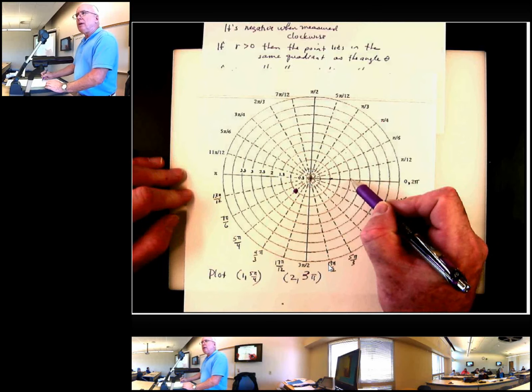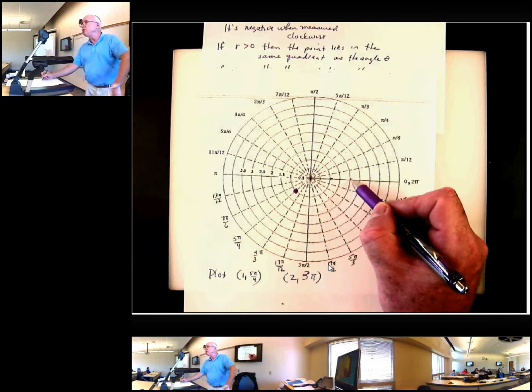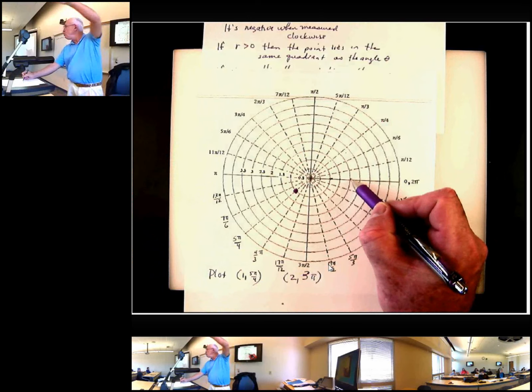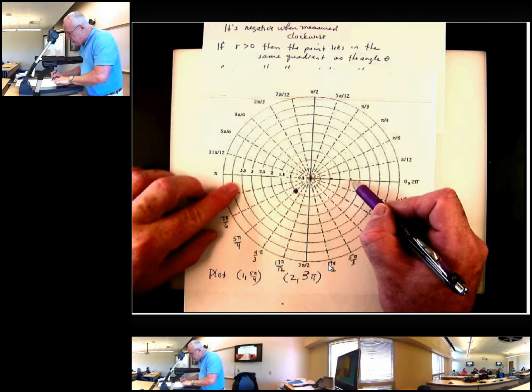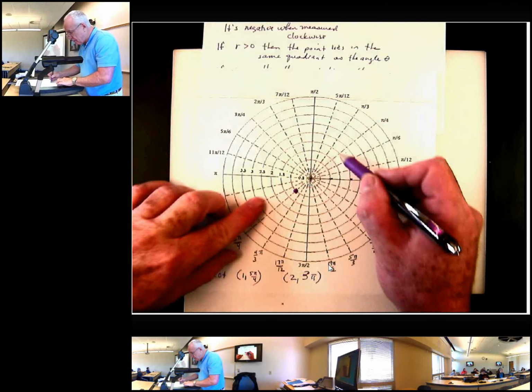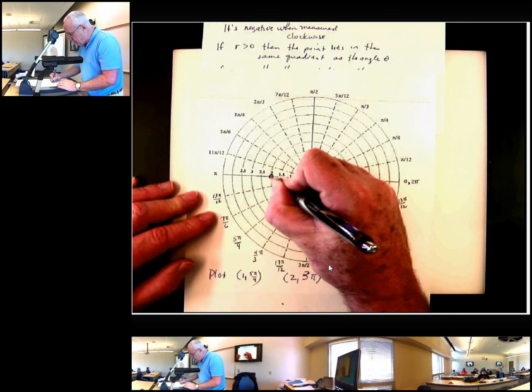So where is 3 pi going to be? It's going to be at pi, because anytime we can always go around an extra 2 pi, and all we're doing is revolving around the whole circle. So here we have pi, and that's exactly where it would be right there.